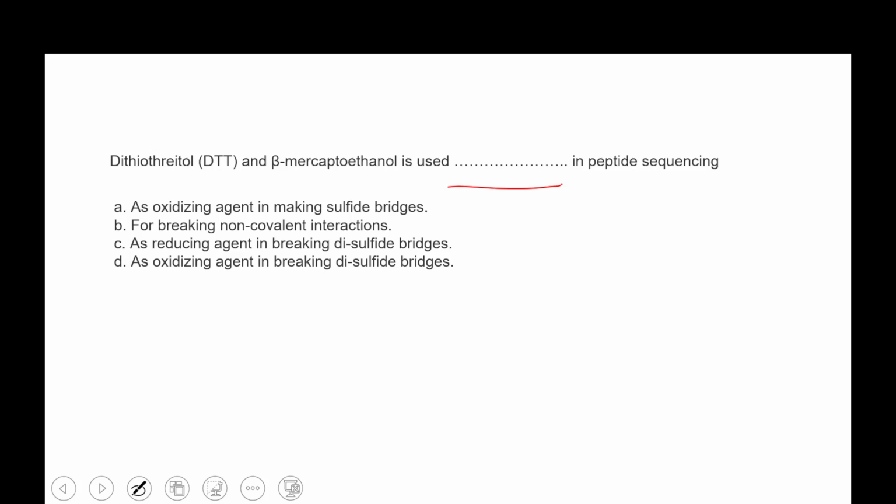Yes, so these are the reducing agents which will break the disulfide bonds present in the amino acids. Disulfide bonds are generally formed between two cysteine residues. So cysteines are the sulfur containing amino acids. This is one sulfur joined.